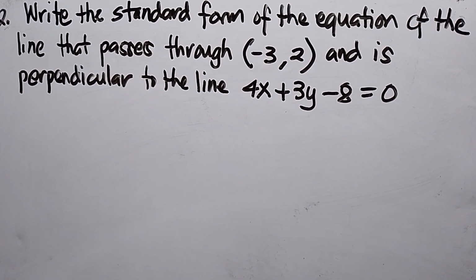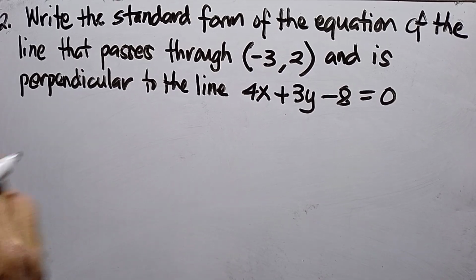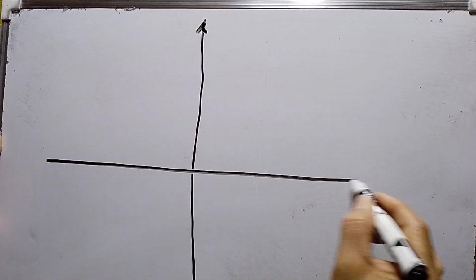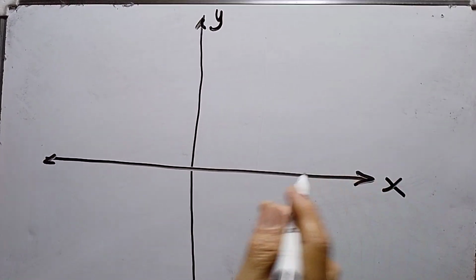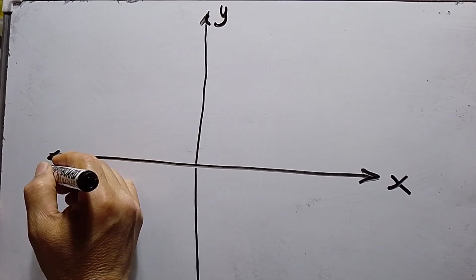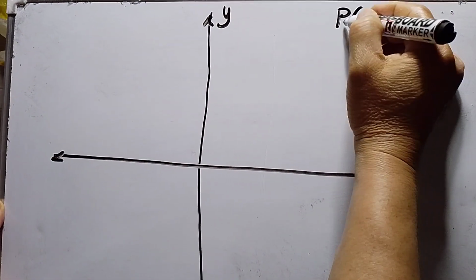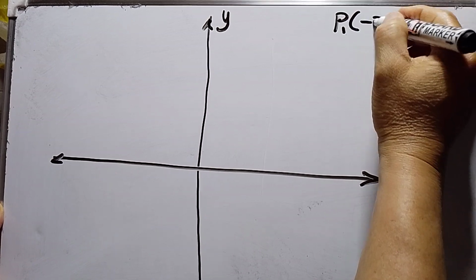So again, I need to make a graph by using my Cartesian coordinates. This is the y-axis, x-axis. Now my point is negative 3 and 2.